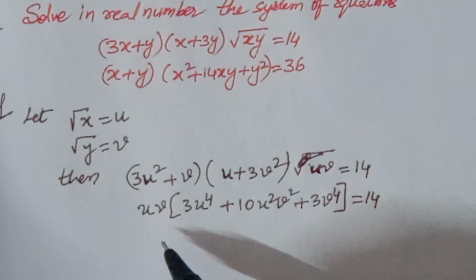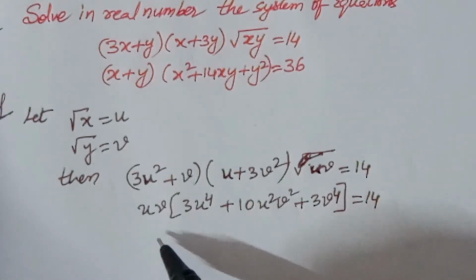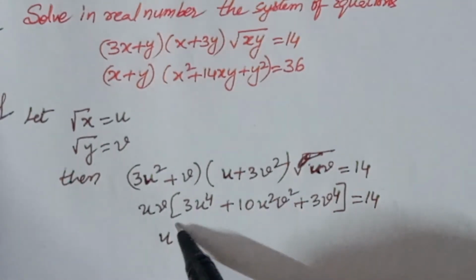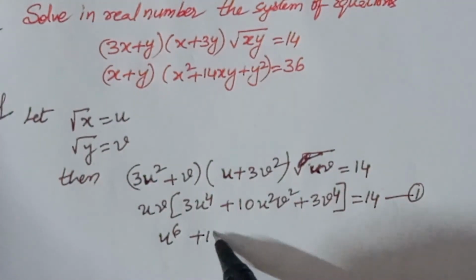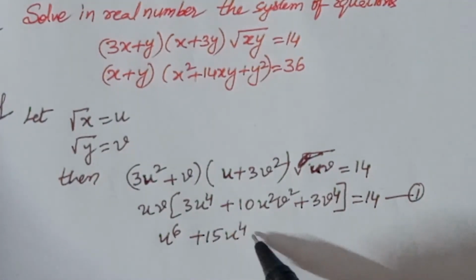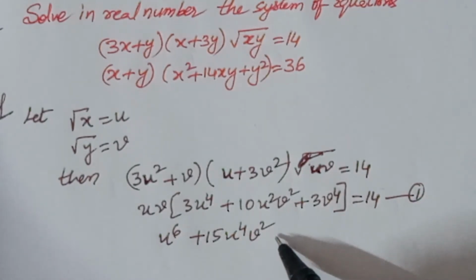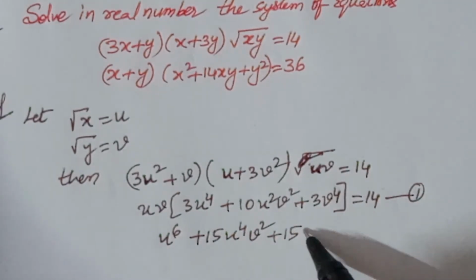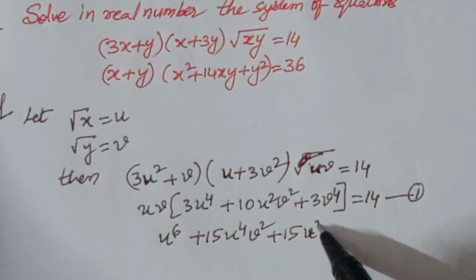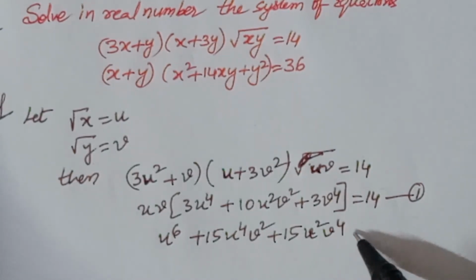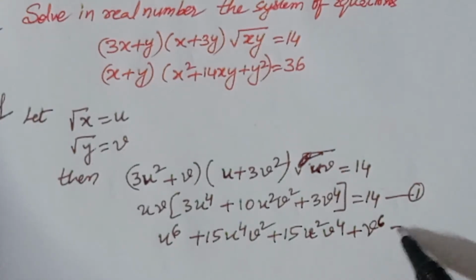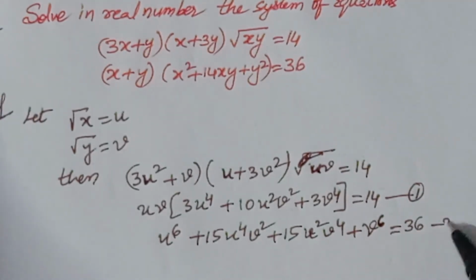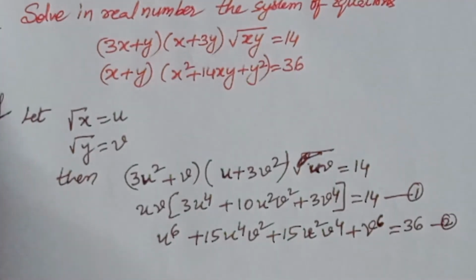Now for the second equation, if you multiply, you will get u⁶ + 15u⁴v² + 15u²v⁴ + v⁶ is equal to 36. This is the second equation.